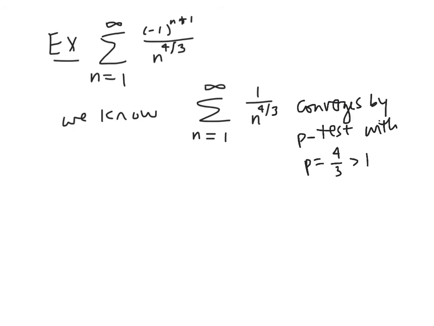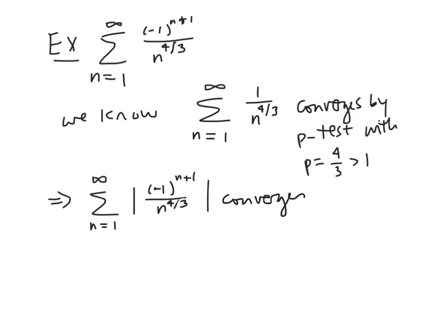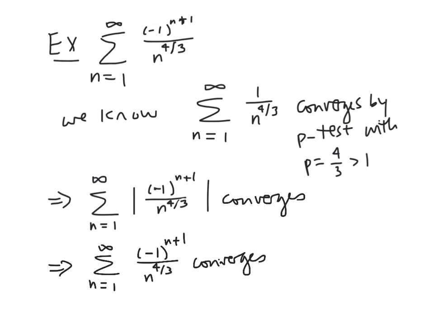So this tells us that the sum of the absolute value of the terms of my series converges. In fact, that just tells you that my original series converges absolutely.